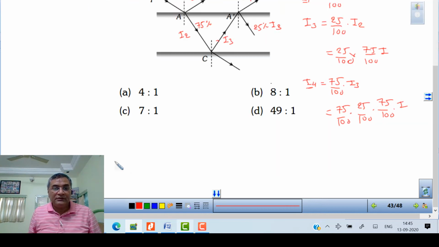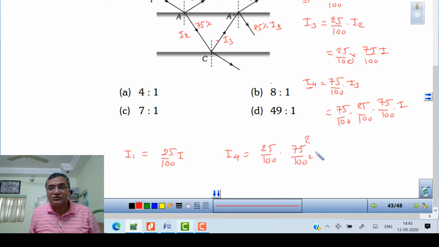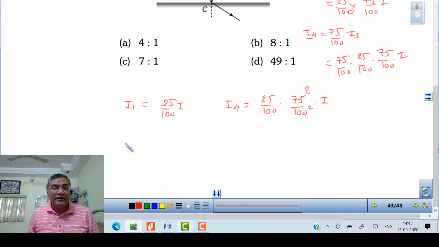So now I write again here, I1 is equal to 25 upon 100 I, and I4 is equal to 25 upon 100, 75 square upon 100 square I. Now you have to find out I max and I min. You will remember the formula. I max means root I1 plus root I4 whole square.